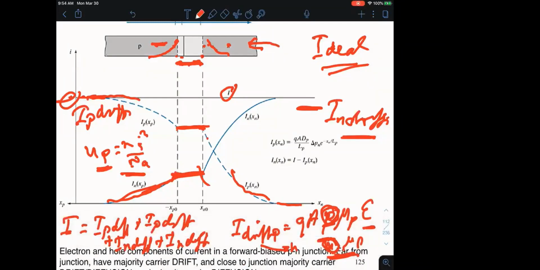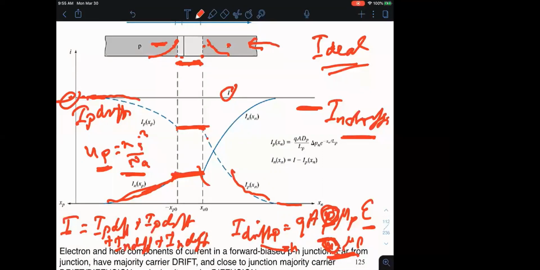I can forget about an electron drift current. So this electron diffusion current that I've calculated is approximately the total electron current. And since there's no generation recombination within the depletion region, that is going to be the total electron current throughout. With the same argument, this is my total hole current throughout.